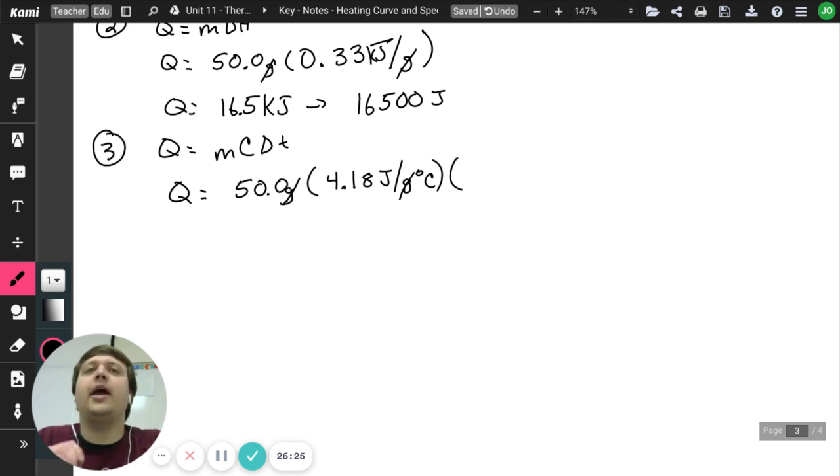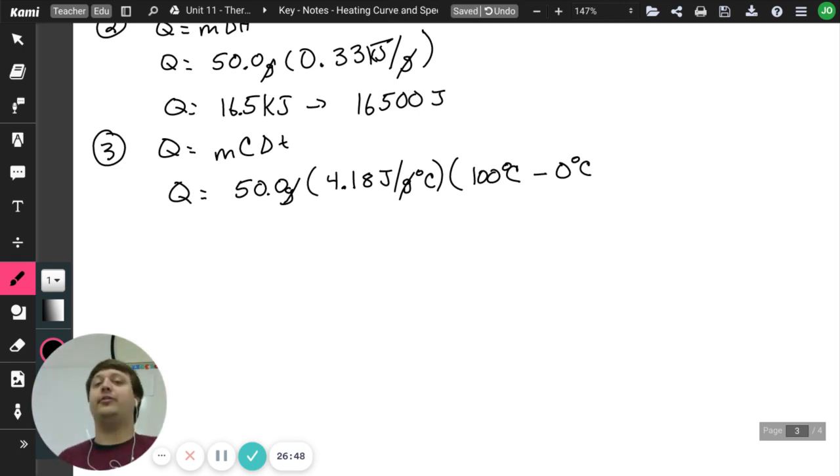Okay. And then temperature. Now, in this case, final minus initial. My final temperature in liquid water is 100 degrees Celsius, because after that point, it's all gas, right? Before that point, it is going to be liquid. Minus the initial temperature. Well, in this case, the initial temperature was 0, because lower than 0 degrees Celsius, it would be a solid.